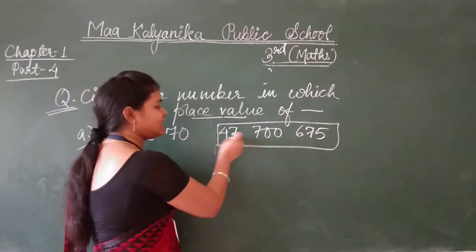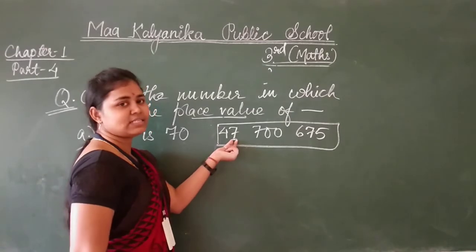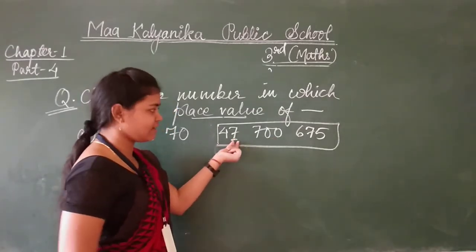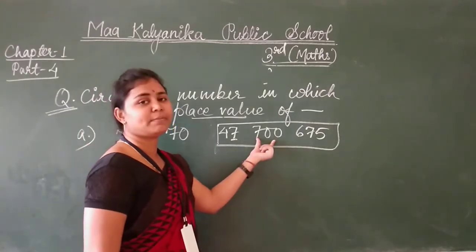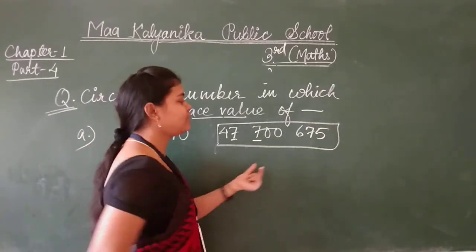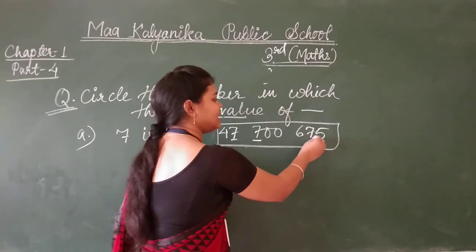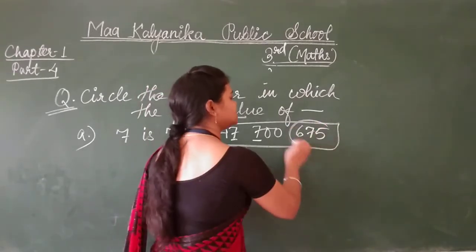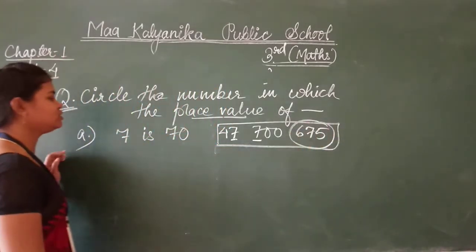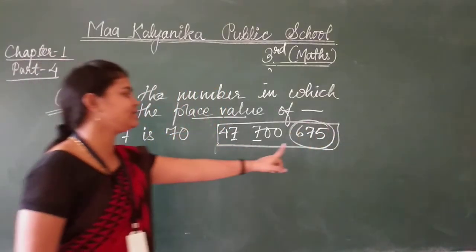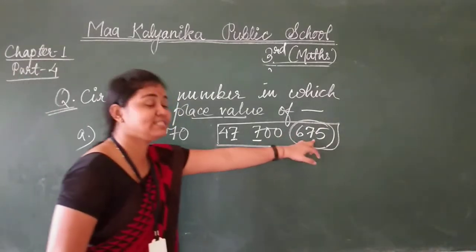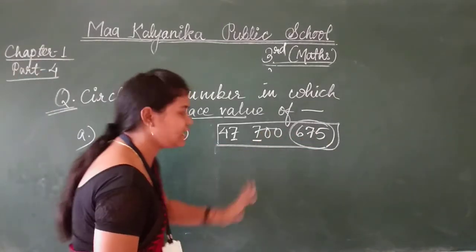So here in this number 7 is in the ones place, which means the place value of 7 is 7 only. In this number the place value of 7 is 700, and in this number, in the tens place, the place value of 7 is 70. So this is the number we want to find. 675. Here the place value of 7 is 70.